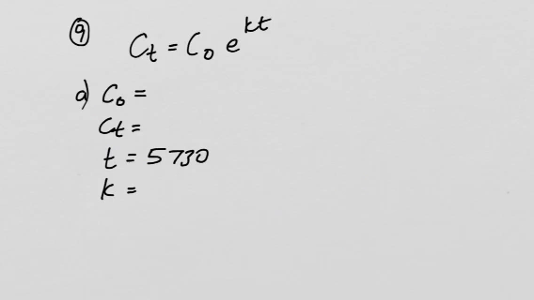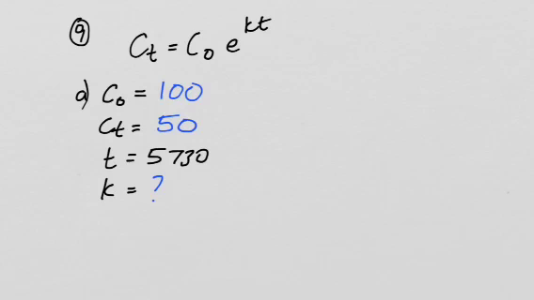Lastly, question 9, one of these half-life problems. Here we have the formula that carbon left after t years is equal to the amount at the start, e to the kt. Now the question says it's the half-life. So if we assume that we started with 100%, say, and then C(t) is how much would be left after one half-life, so it would decrease by half, so it would go down to 50.